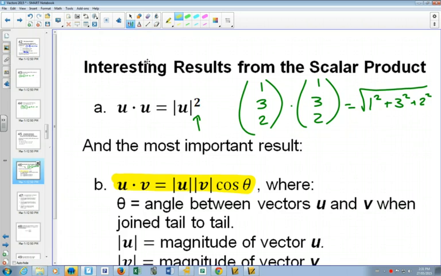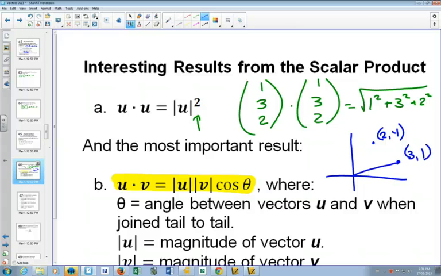Now, the reason this is so important is because now we can quite easily, let's say I have the point 2, 4, and I have another point over here, 3, 1. I can make those both position vectors. We can now find that angle really quickly and really easily.